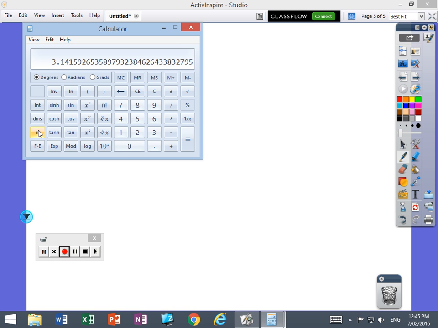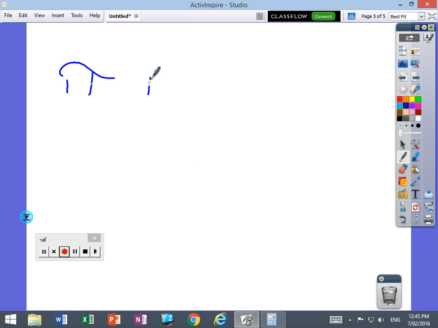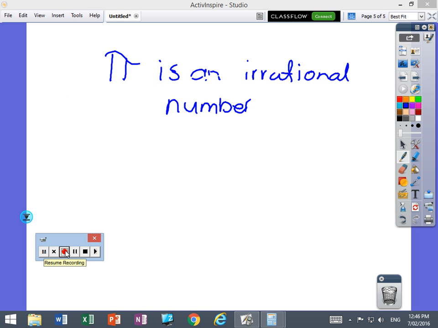I'll put that in, and 3.14159, and so on and so on. But there is no pattern there as well. So pi is an irrational number.